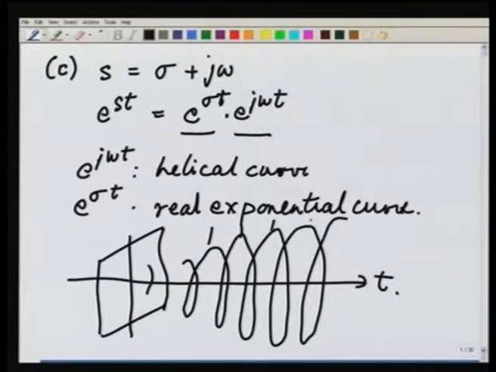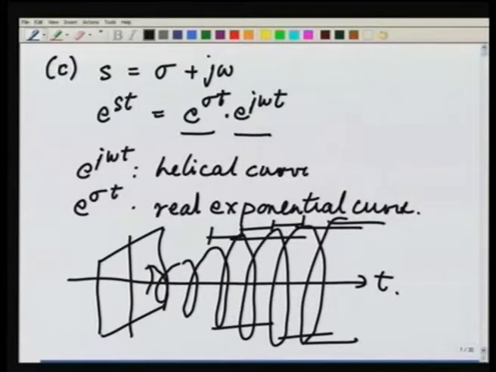The distance from one point of a helix to the next point at the corresponding angle remains the same. This distance is equal to this distance is equal to this distance. However, the diameter, as you can see, keeps increasing. This diameter is more, this diameter is a little less, this is even less, and so on.